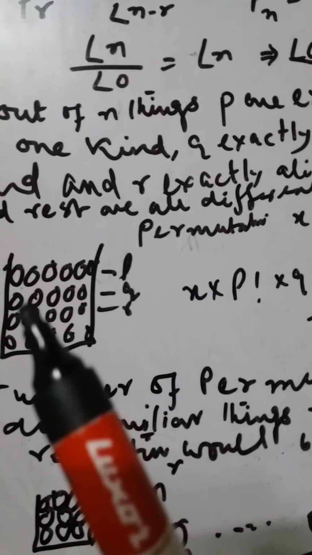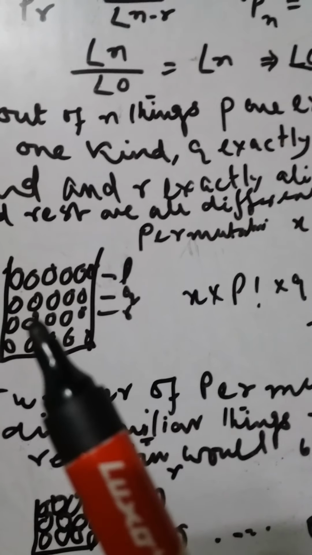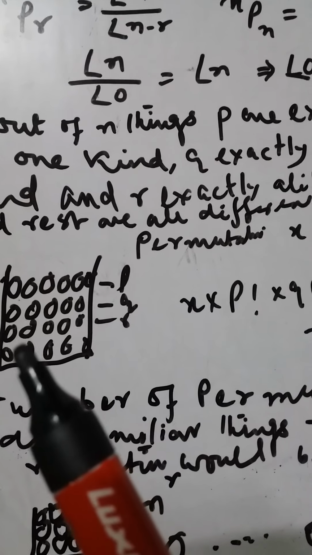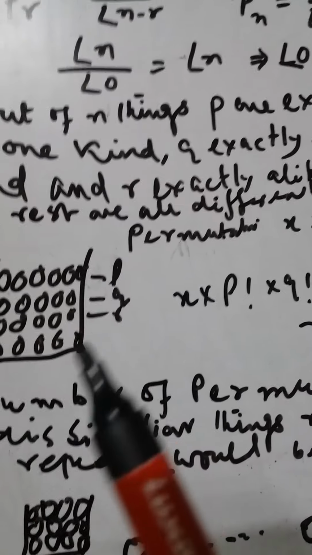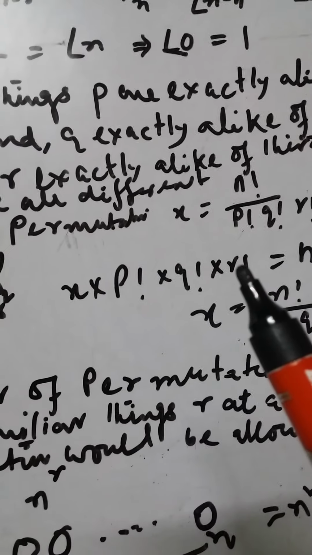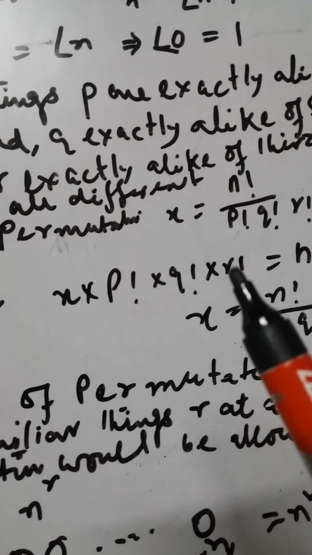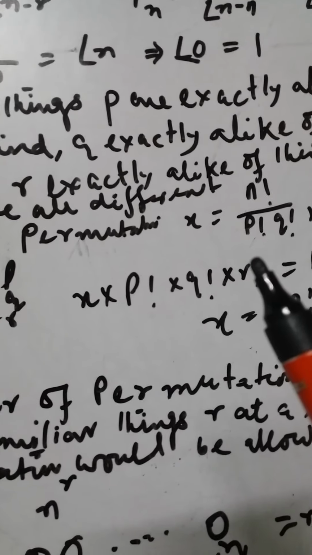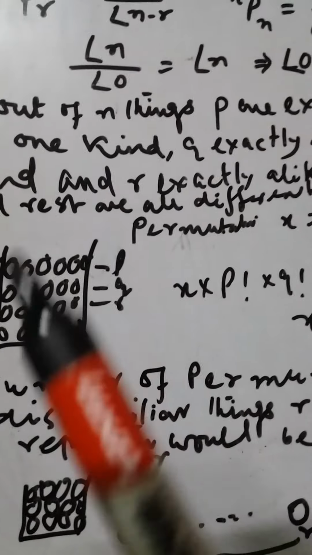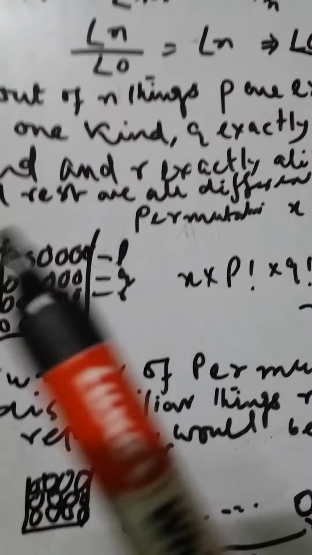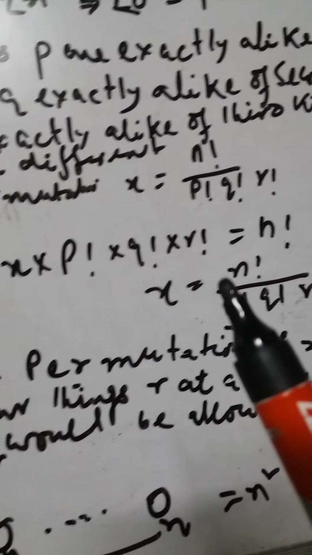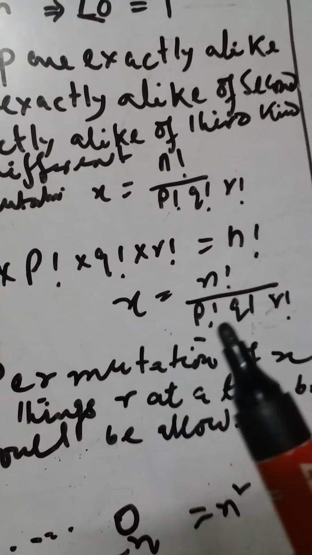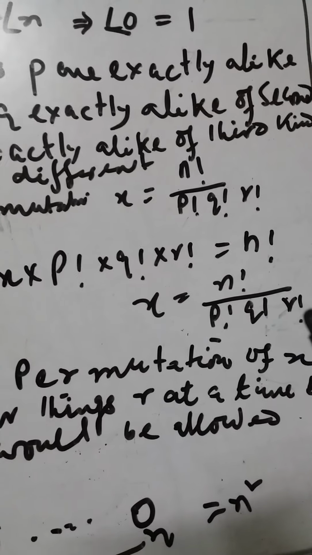After replacing the r alike balls with r dissimilar balls, it will be multiplied by factorial r, and now all n balls are different. So taking n at a time, the permutation will be factorial n. So x equals factorial n by factorial p, factorial q, factorial r.